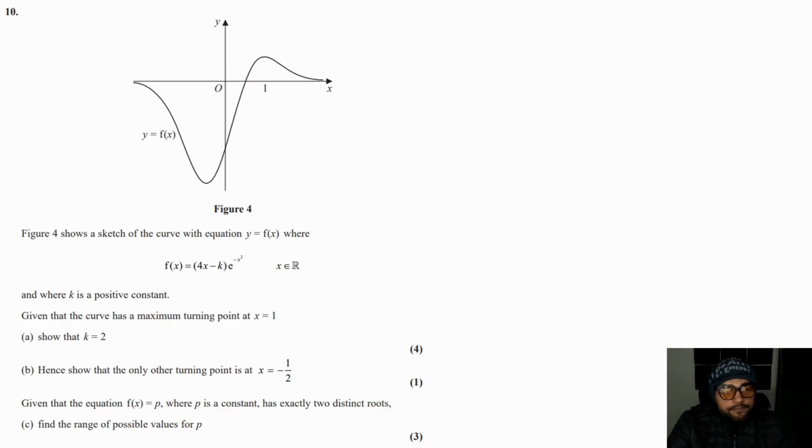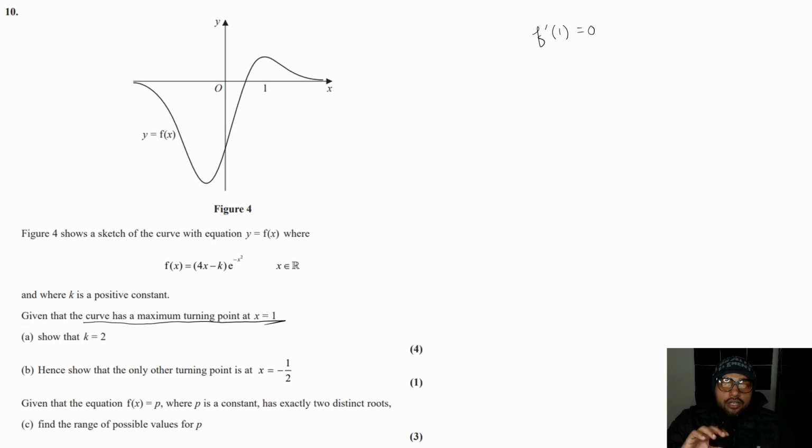For this question they have given a certain curve equation. In the question they have mentioned that it has a maximum turning point at x equals 1. What does it mean? Maximum turning point means f prime of 1 equals 0. Why have I directly written this here, student?